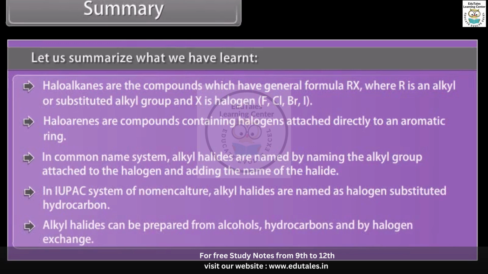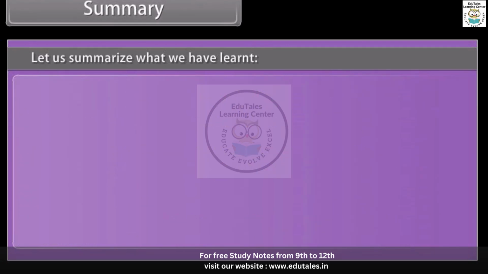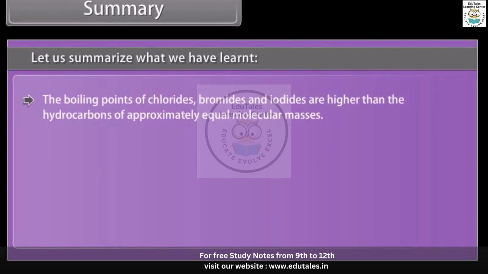Alkyl halides can be prepared from alcohols, hydrocarbons, and by halogen exchange. The boiling points of chlorides, bromides, and iodides are higher than the hydrocarbons of approximately equal molecular masses.